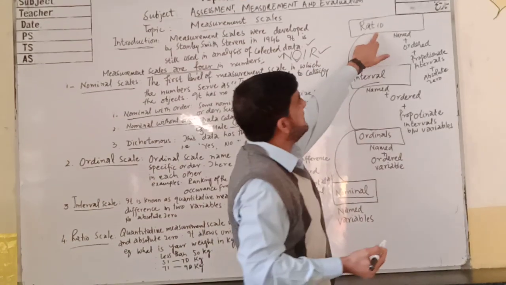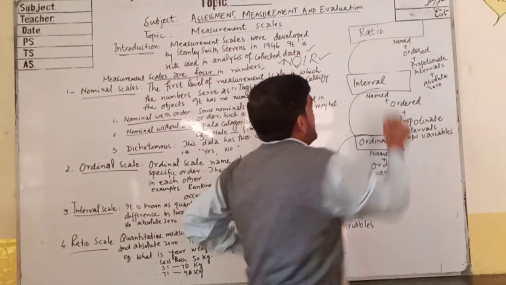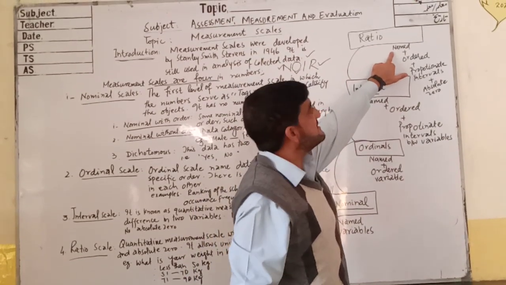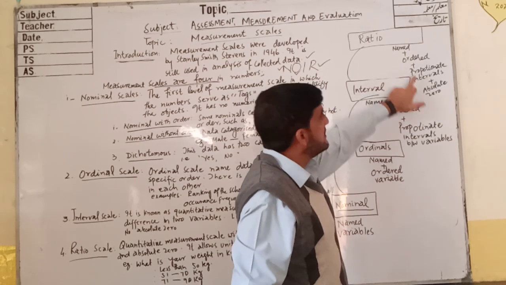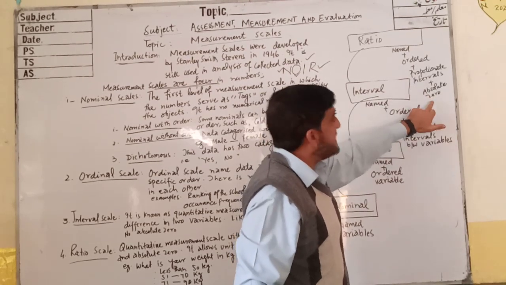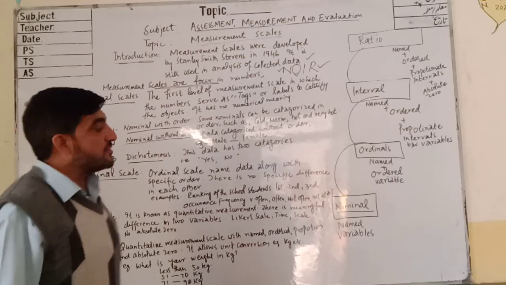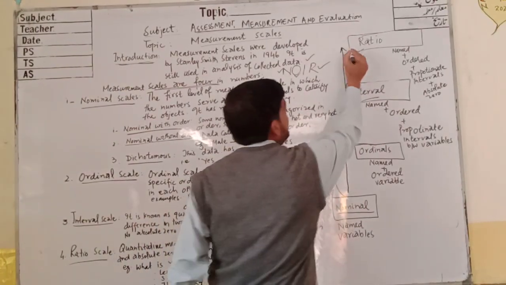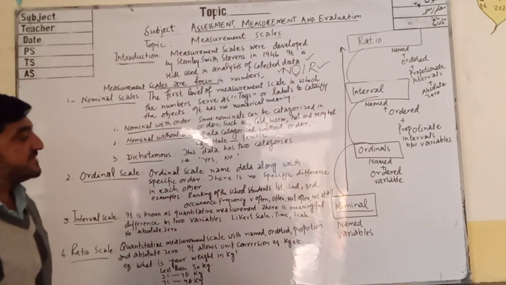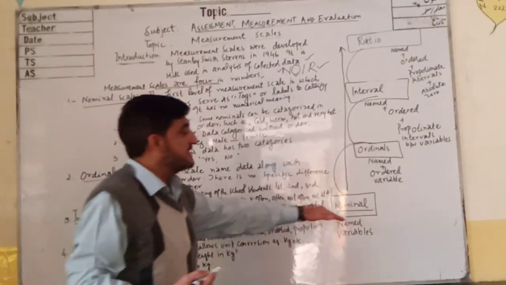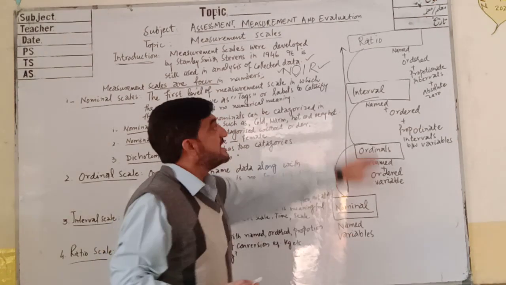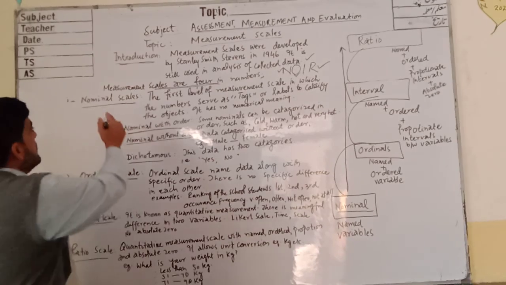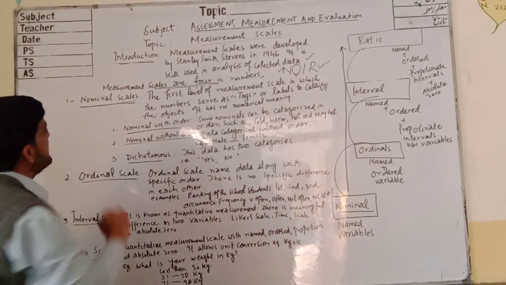Then the last one is the ratio scale. The ratio scale is the highest scale, consisting of named, ordered, proportionate intervals plus absolute zero. So when we study, it goes in ascending order. Ascending order means that the most simple of these scales is nominal and the most complex one is the ratio scale.